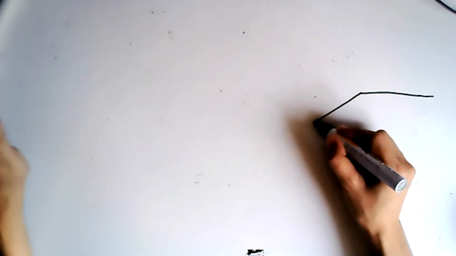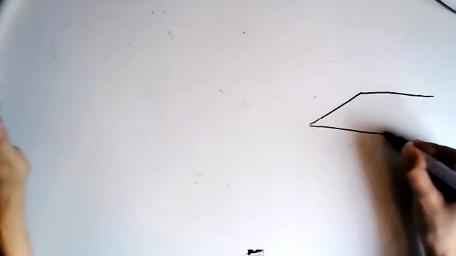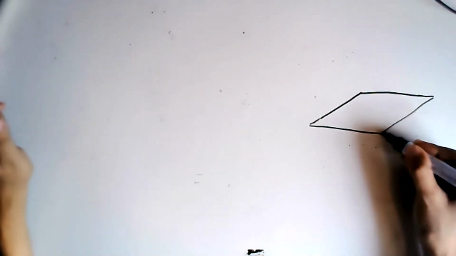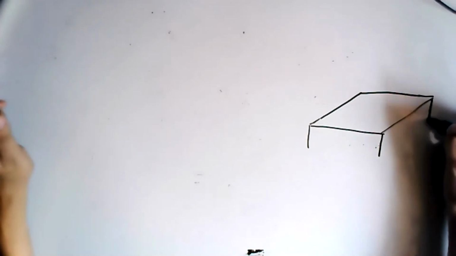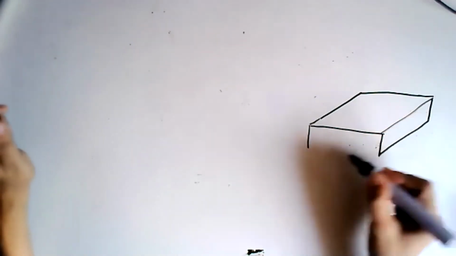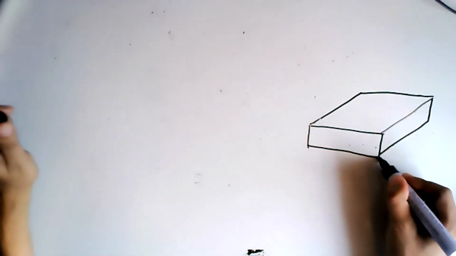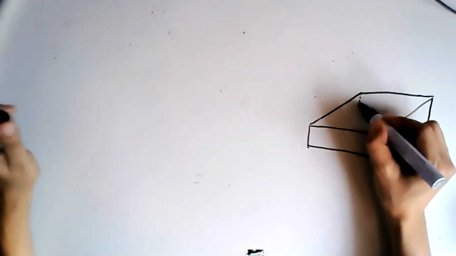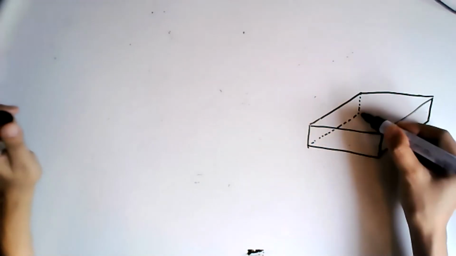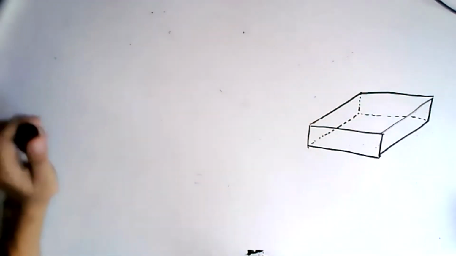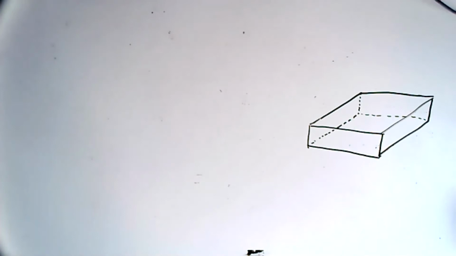So unlike the one that we have solved previously, this one has a rectangle base. Okay. So this is our parallelogram. And according to the problem, the ratio of the edges are 1:2:3.